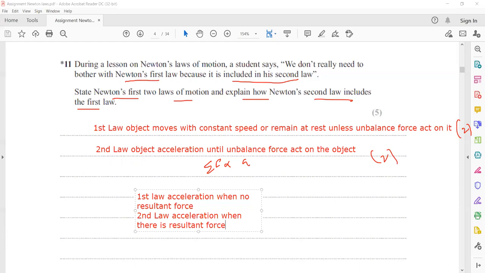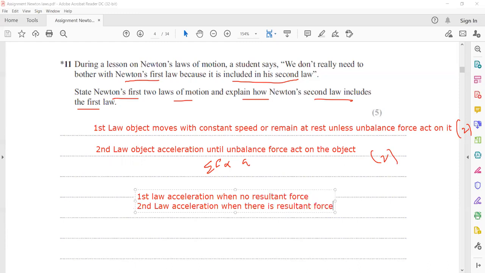So we relate the two laws: basically it's like one statement. If there is no resultant force, there is no acceleration. If there is a resultant force, there is acceleration. So no resultant force is a part for the first law, and resultant force is a part for the second law. Is it clear?